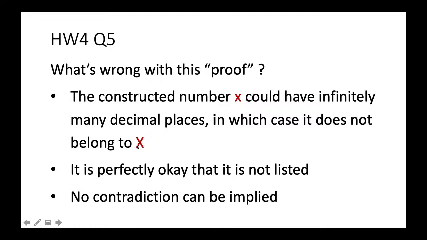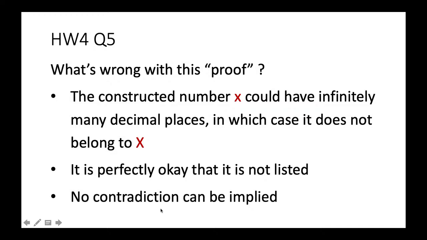The reason is that the big X contains only the numbers that have a finite number of decimal places. So x could have infinitely many decimal places and not belong to X. That means it is perfectly okay that x is not listed, so there is no contradiction.